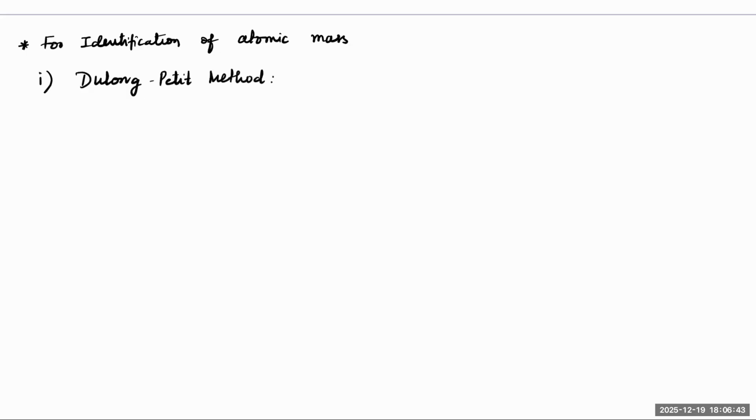It's called the Dulong Petit method. It is specifically checked for solid elements. It is only checked for solid elements. Got it?